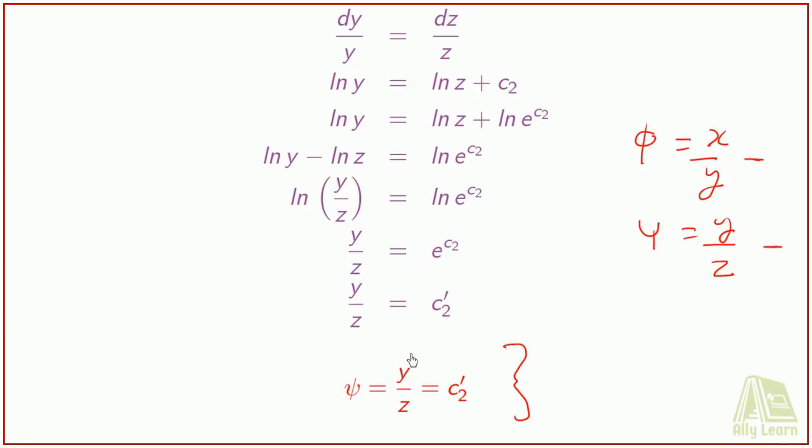Now friends, suppose you are calculating another solution by comparing the first and third ratio, then you will get another solution, say capital Phi equals x over z. But this depends on the first two solutions, because we can write it as x over y into y over z, which is nothing but phi into psi.